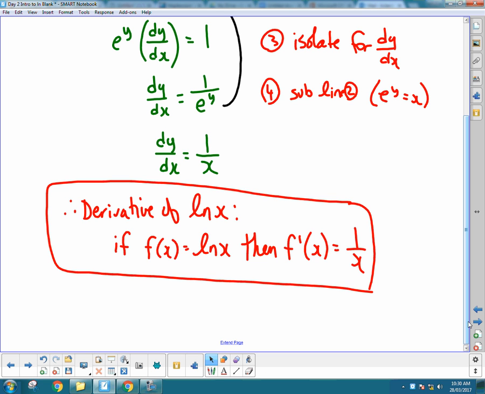So actually a pretty handy and useful conclusion. We won't have to go through that proof every time. That was just to convince you that the derivative of ln x is 1 over x, instead of me walking in at the beginning of class and saying, hey, guess what, the derivative of ln x is 1 over x, and you'd say why. So this is explaining why.